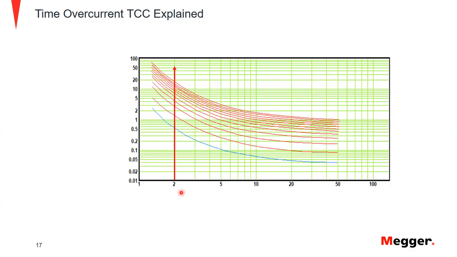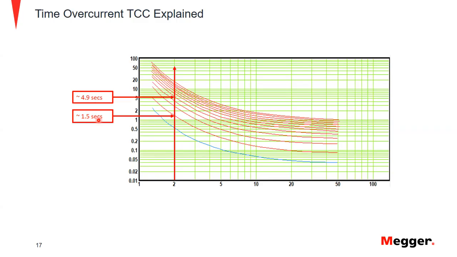So let's say we use 2, so we're still using the 2 multiple, which crosses all of the time dial curves or time dial settings. Then let's say we reach this point. So we're going to pick this curve out. So let's say this is time dial 1, just for simplicity. And let's say it crosses the line at 2 times multiple, then we might get approximately 1.5 seconds out of it.